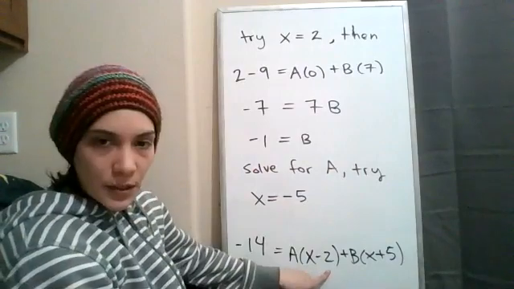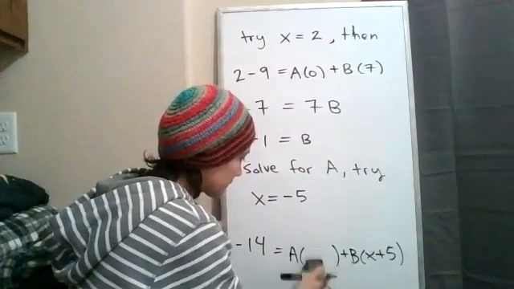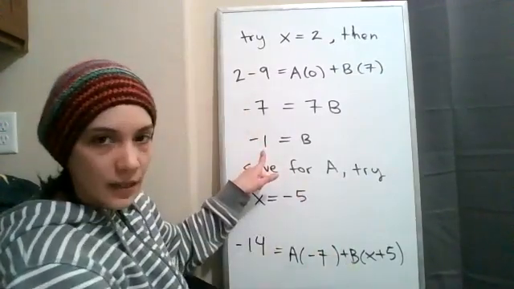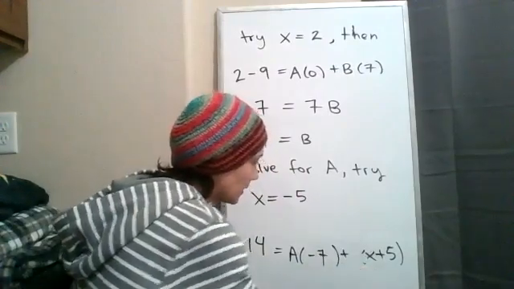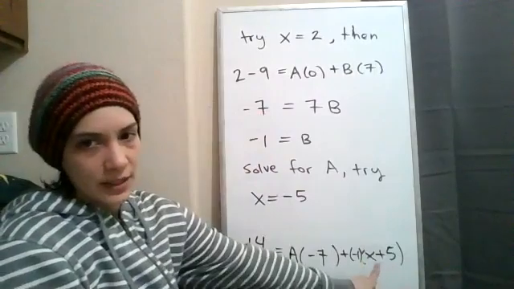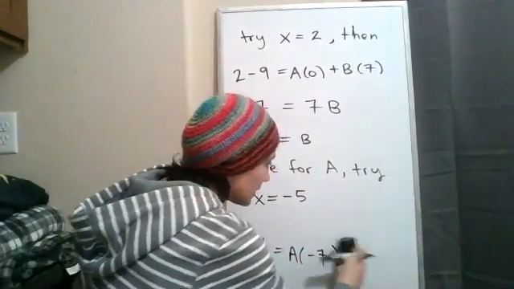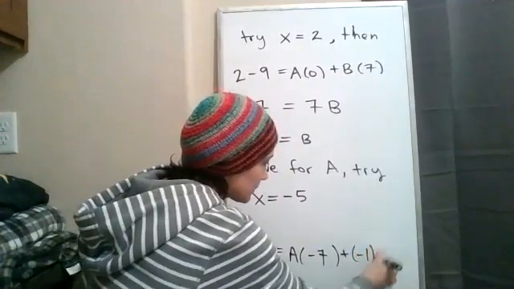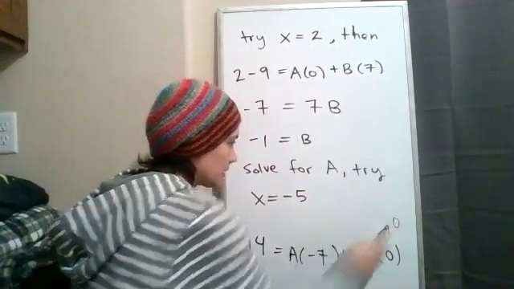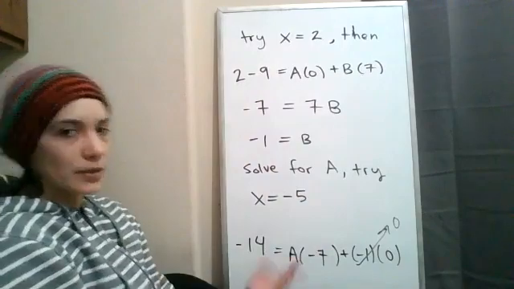Negative 5 minus 2 would be negative 7. We know b is negative 1, but we're going to have a 0 here anyway, so negative 1 times 0, which is 0. Okay, divide both sides by negative 7, and a will equal 2.